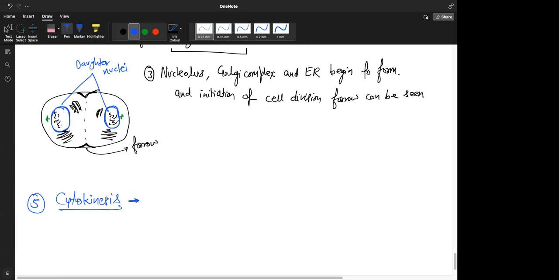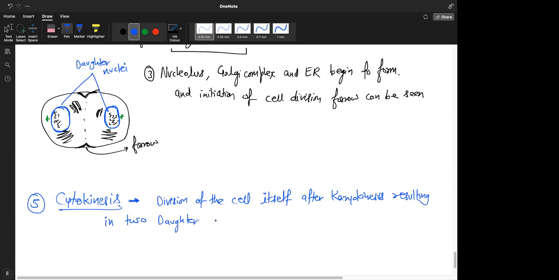Cytokinesis is the division of the cell itself after karyokinesis, resulting in two daughter cells. Okay.